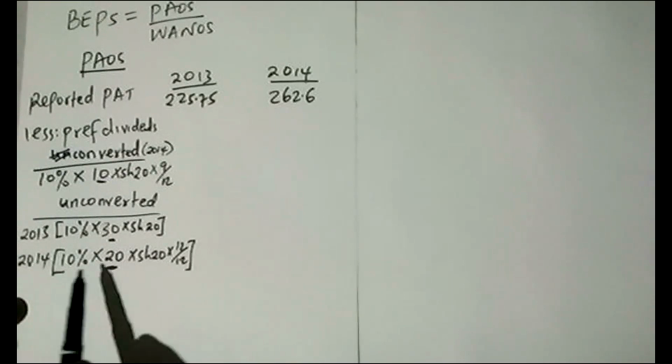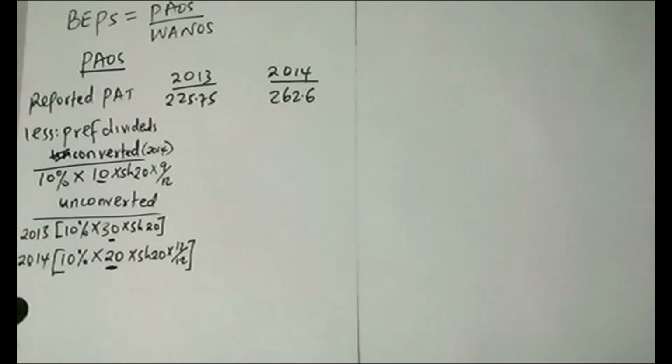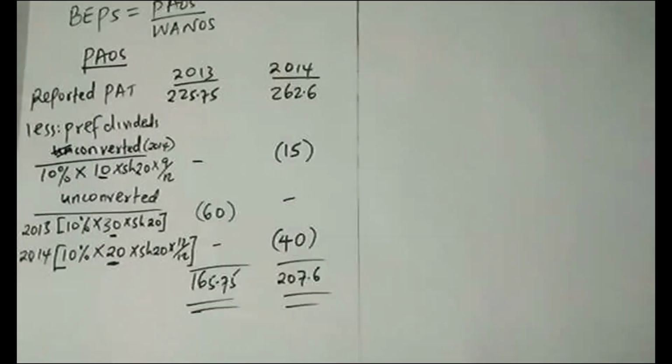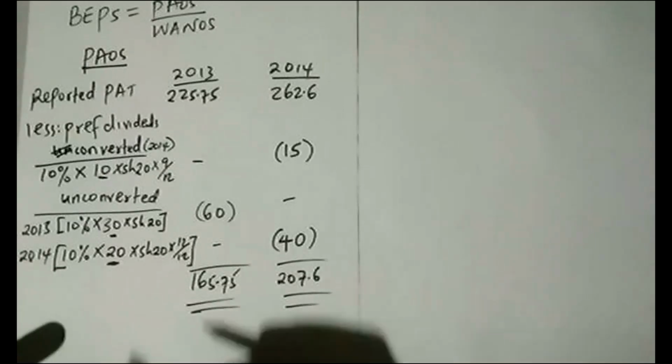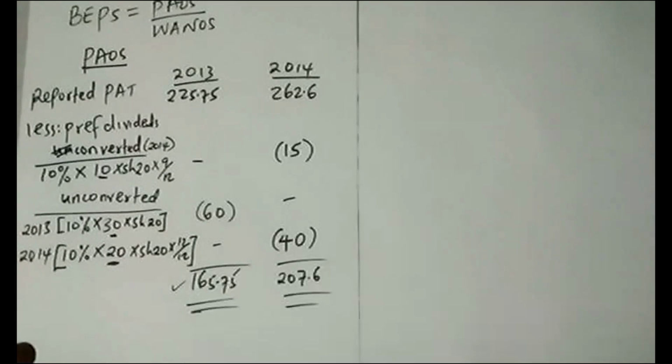So you do the necessary 10% times 20 shillings times 12 out of 12. So after all the computation, I am able to get the PAUSE for 2013 of 165.75, and for 2014 this one is at 207.6.